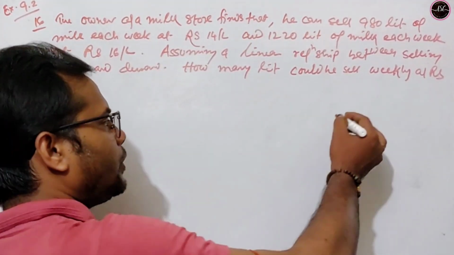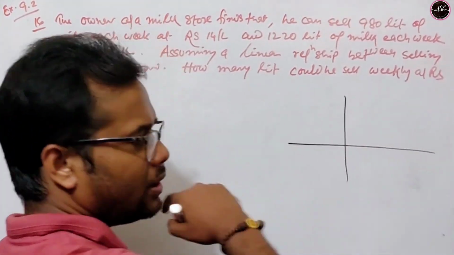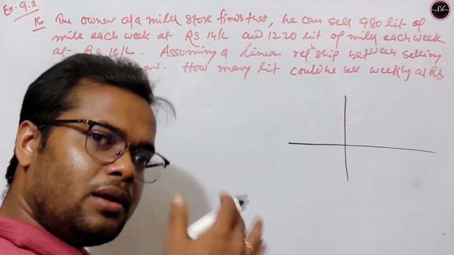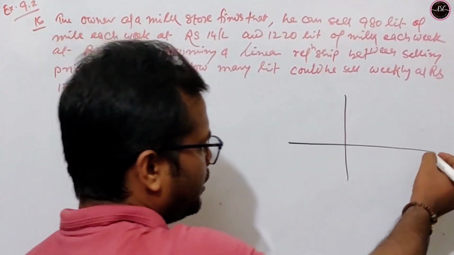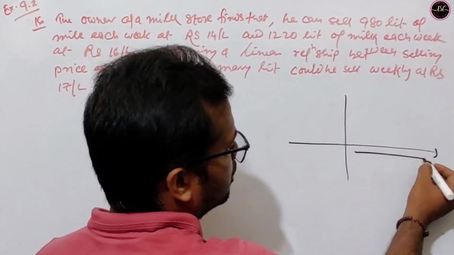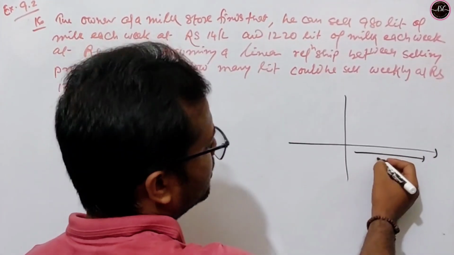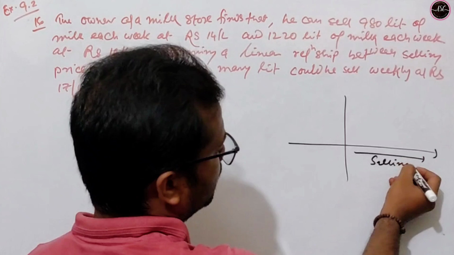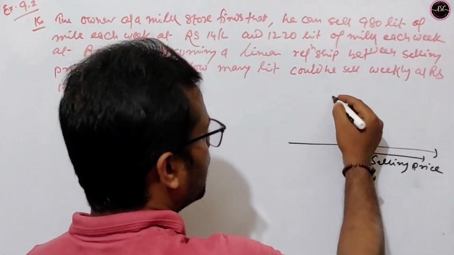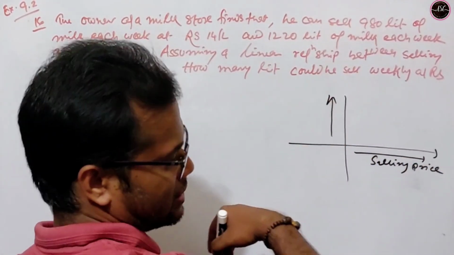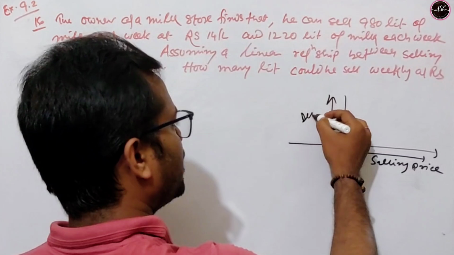So here, to find the relationship between the demand and the selling price, let along the x axis there be the selling price, and along the y axis let there be demand.